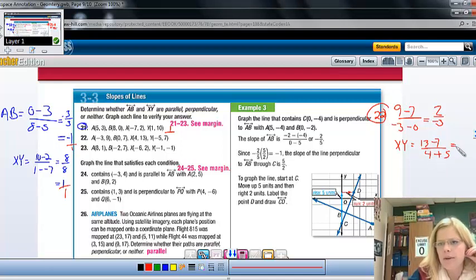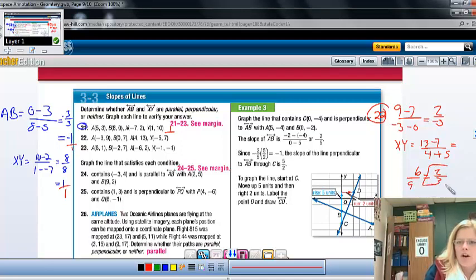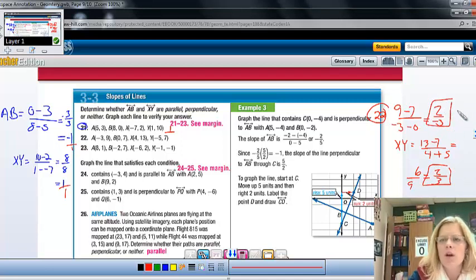Two negatives make a positive. So we have a 6 over 9. That reduces down to 2/3. Are these opposites? Yeah, one's negative, one's positive. Are they reciprocals? No. So are they parallel or perpendicular? No, they are neither.